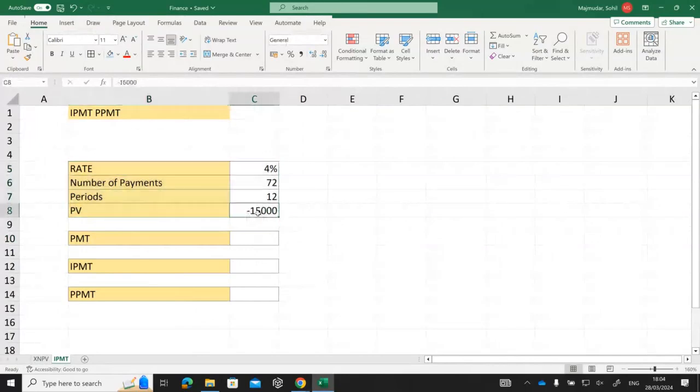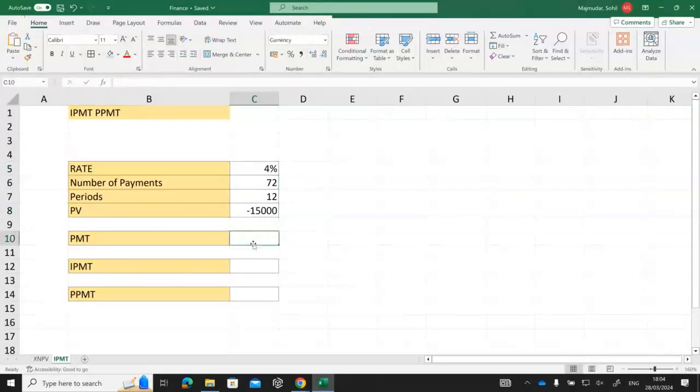You say you want a loan of 15,000, and the bank tells you they'll give you the loan at 4% for 72 months. So this is the loan amount, this is the rate at which the bank is lending you, and this is the time period in months.